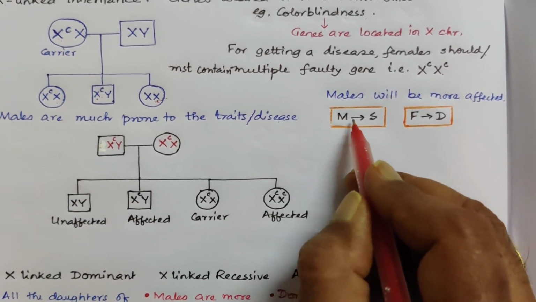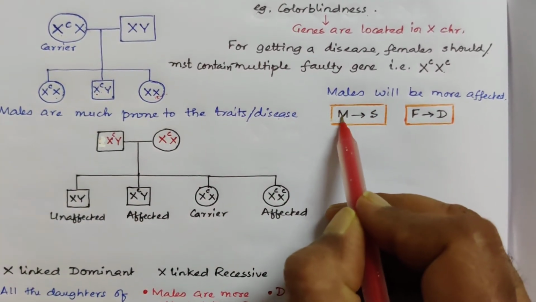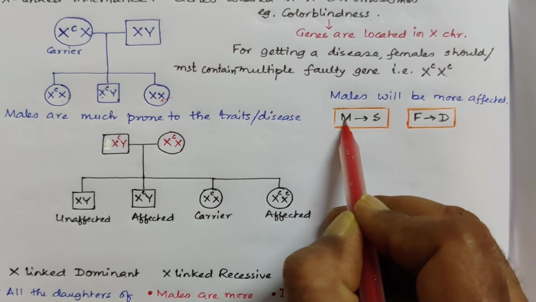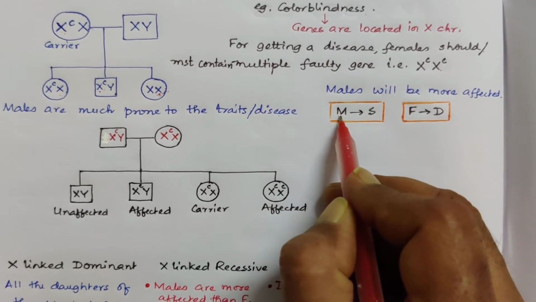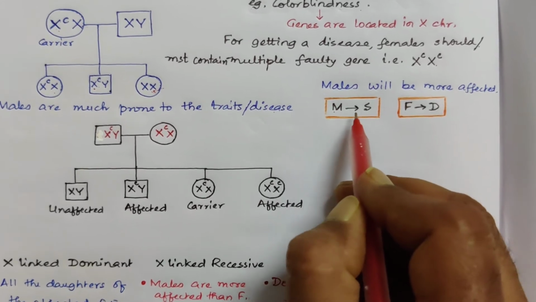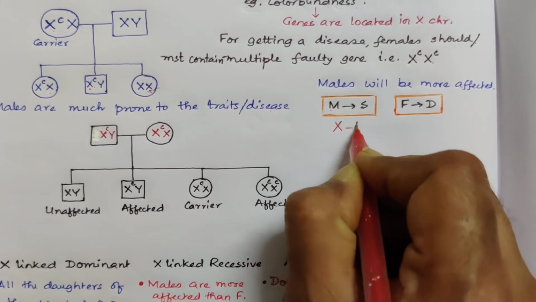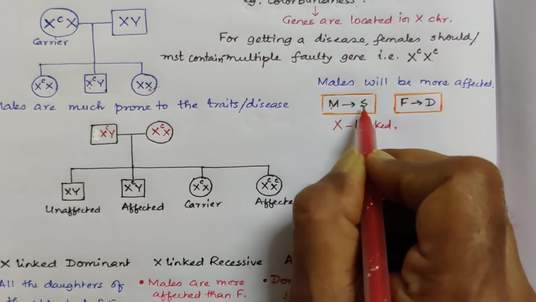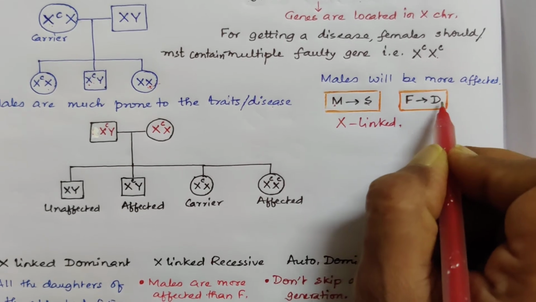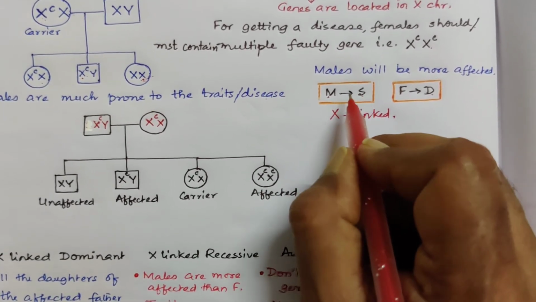If the case is sex linked, then mother passes on to the son. If this is X linked or sex linked, then the mother will pass on to her son and father will pass on to his daughter, because this is an X linked character.